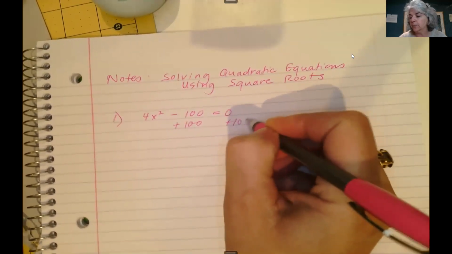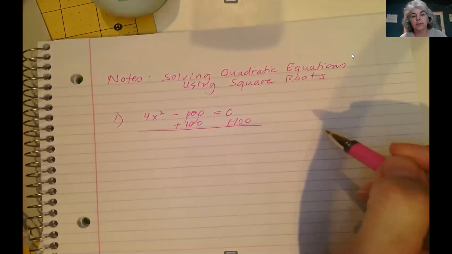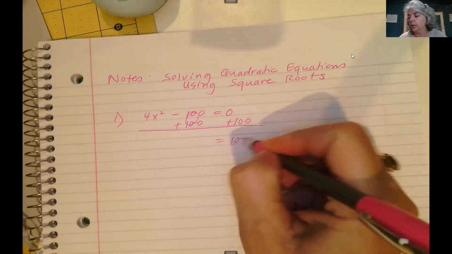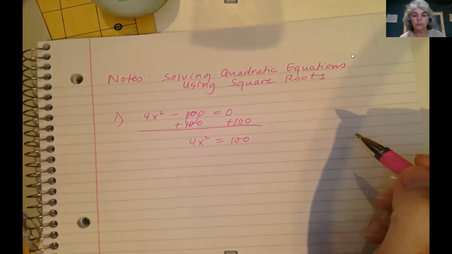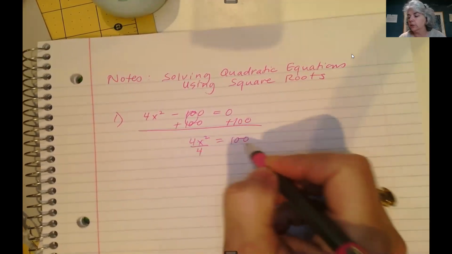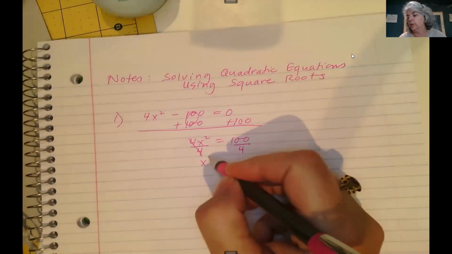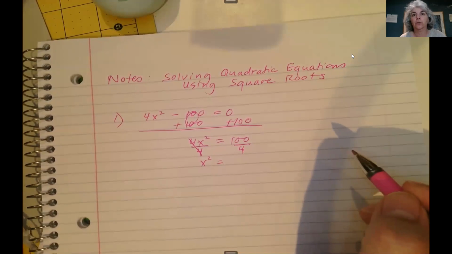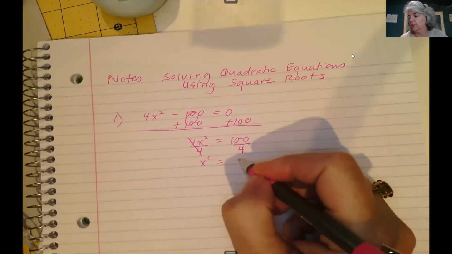We know this, right? This goes to 0, and I get 100 on the right-hand side and 4x squared on the left-hand side. One more step to undo multiplication: I have to do division so that that cancels out. I get x squared equals 100 divided by 4, which is 25.